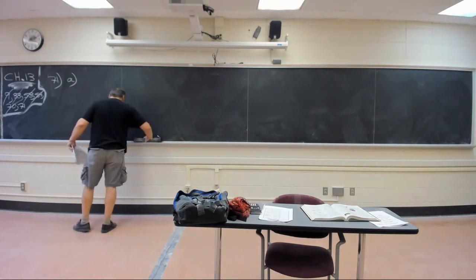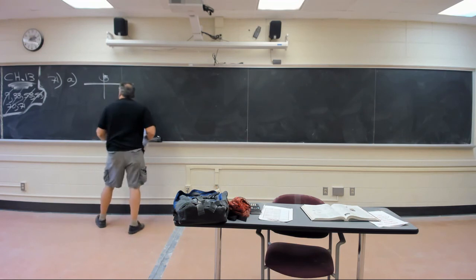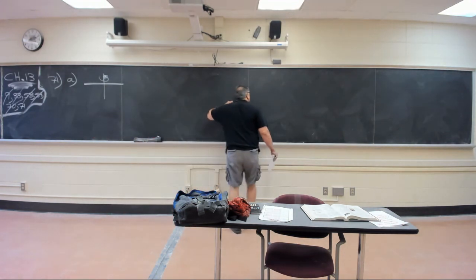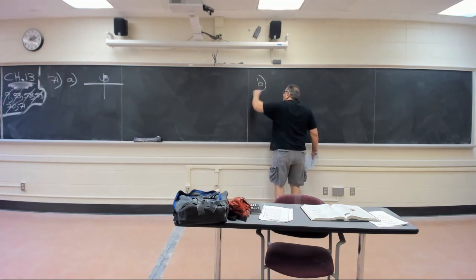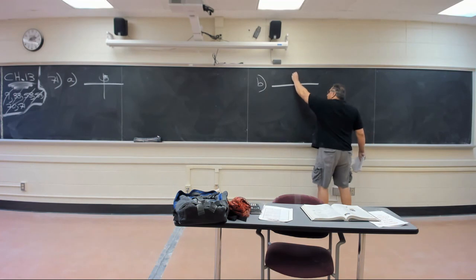There's a number of ways you could look at this, but here's the rod, and it goes around there. That's one scenario. The other scenario, here's where it would have been. This is right through the center of mass.